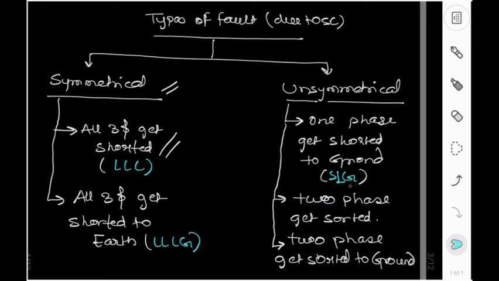So such fault is called unsymmetrical fault. When two phases get shorted, the third phase will not experience the same fault condition. And when two phases get shorted to ground, then also the third phase will not experience the same fault condition. So these are nothing but unsymmetrical faults.